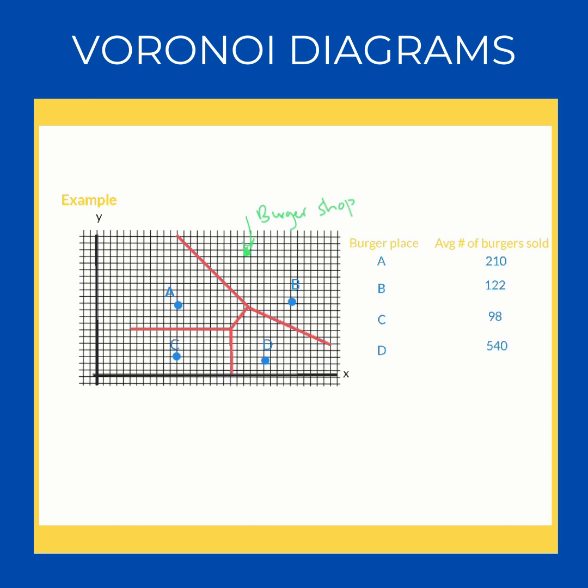So using the nearest neighbor interpolation, the average number of burgers that this new shop will sell is equal to 122.